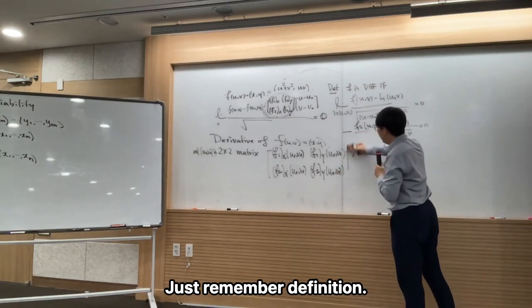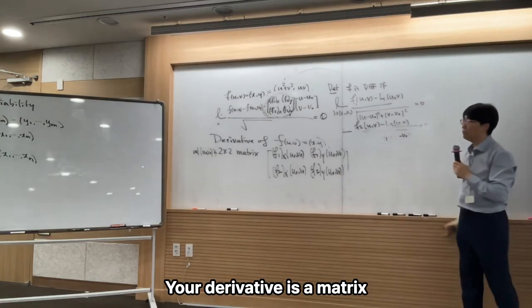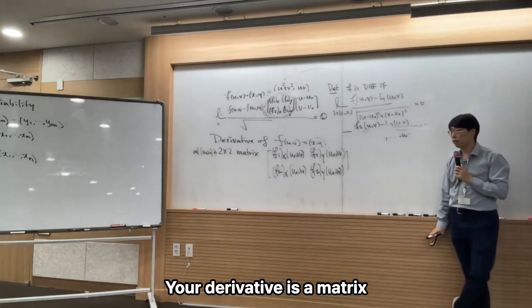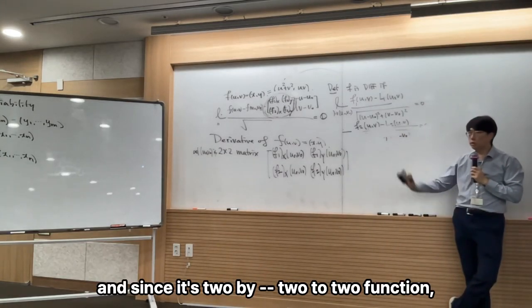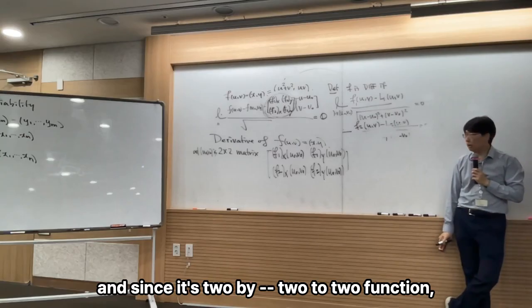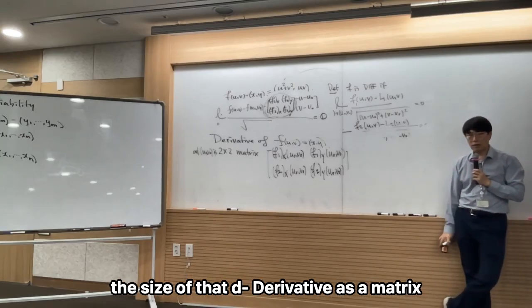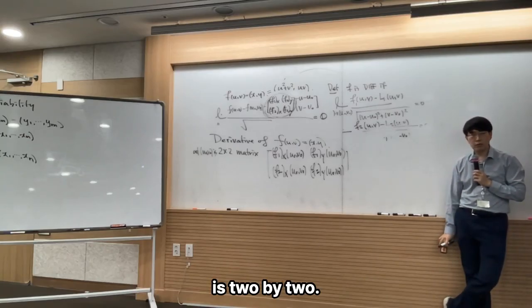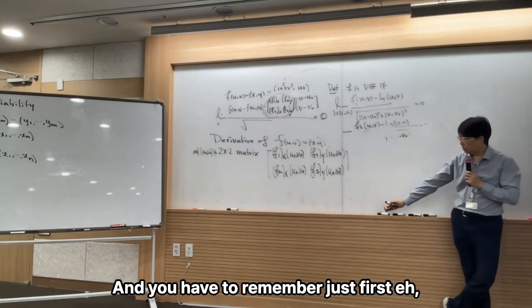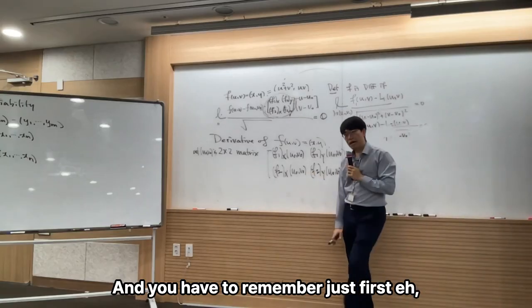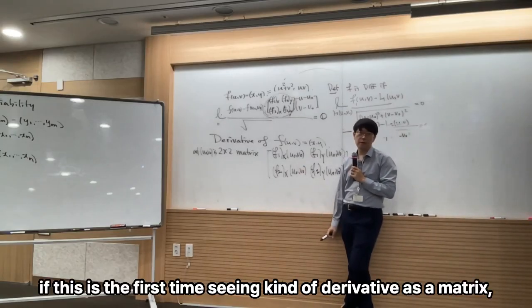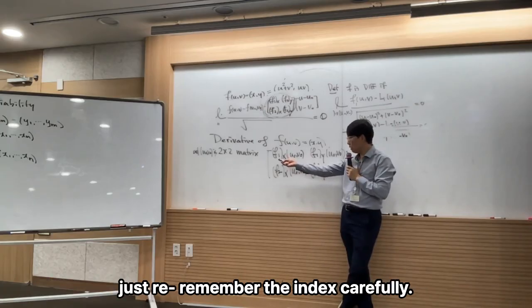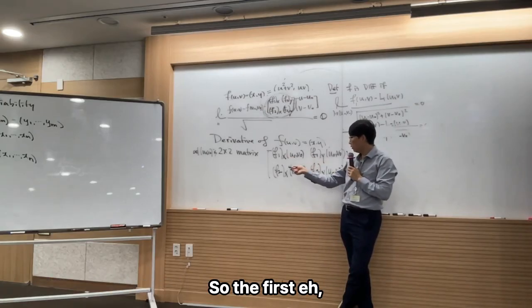Just remember the definition. Your derivative is a matrix, and since it's a function from 2 variables to 2 outputs, the size of that derivative as a matrix is 2 by 2. If this is the first time seeing a derivative as a matrix, just remember the indices carefully.